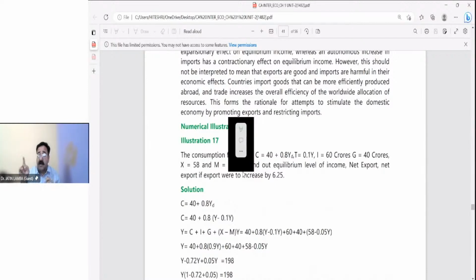But I have already told you that national economic welfare or economic development is not concerned only with the increase in income level, right? I have already told you economic growth and economic welfare are two different things. When income is increasing, that is economic growth, but economic welfare and economic development will happen when the overall performance of the economy and the living standard of the people increase, right?